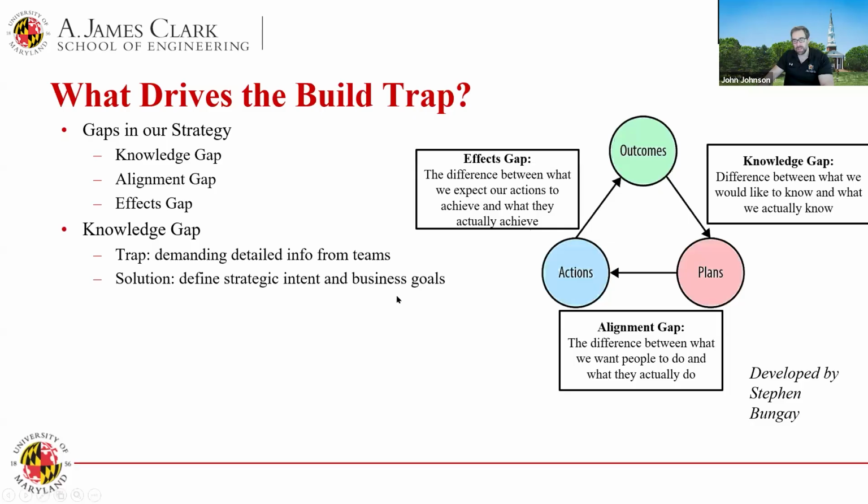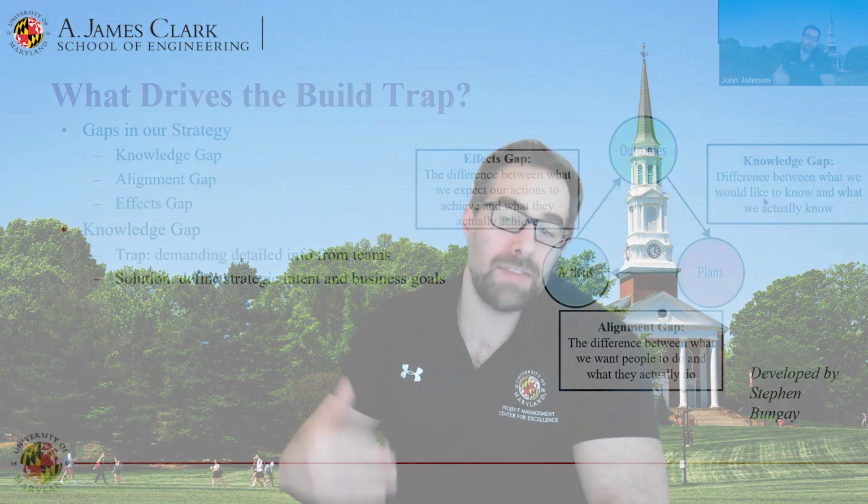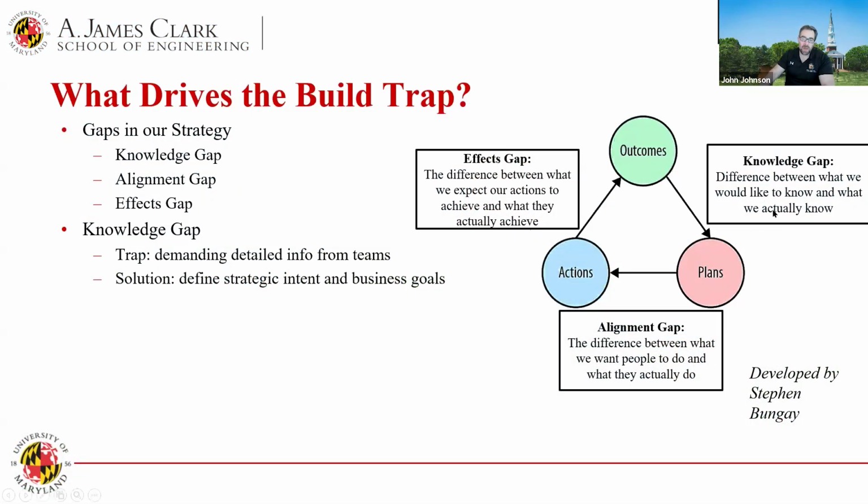The first one is the knowledge gap, and that's the gap between the outcomes that we want and how our plans will achieve those outcomes. And it's the difference between what we would like to know and what we actually know. So we don't actually have the insights yet to develop a good list of features. So as a result, we end up wanting to develop plans with features, but that's not a good idea because we don't know yet what's going to actually solve problems.